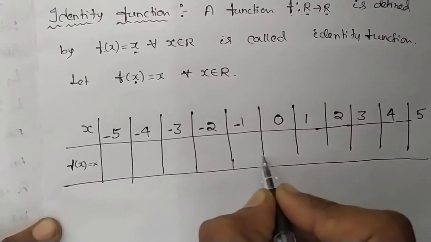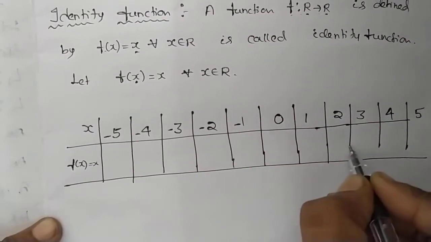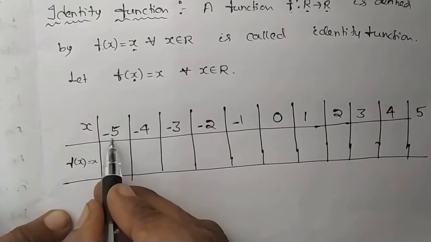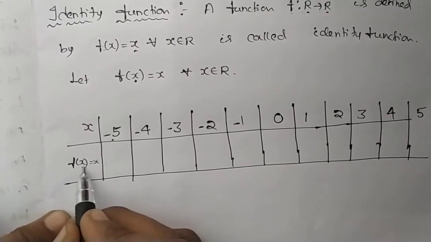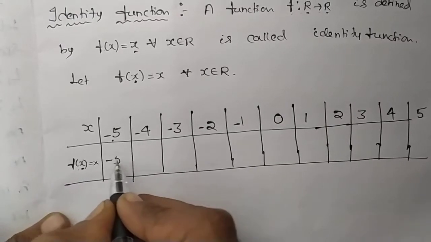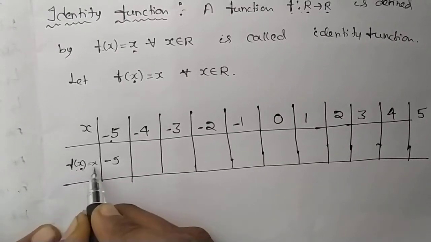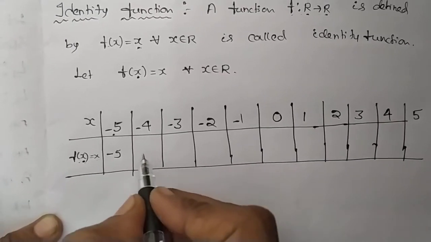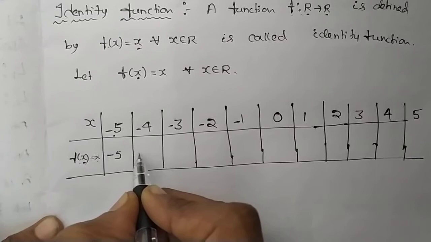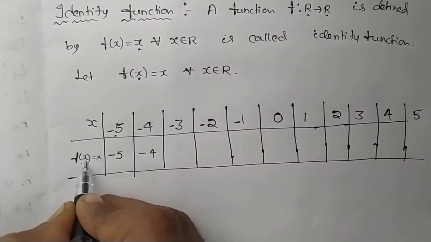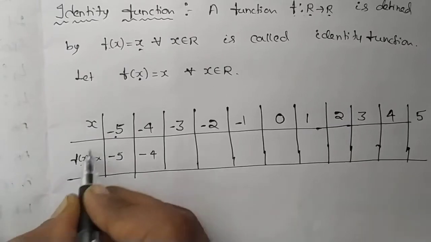Let us apply the identity function. Here we have -5. If x equals -5, then f of x is what? -5 only. If x equals -5, f of x is also -5. If x equals -4, then f of x equals -4. In place of x, you just put -4.